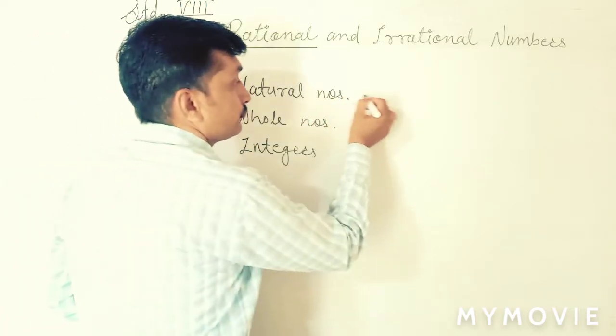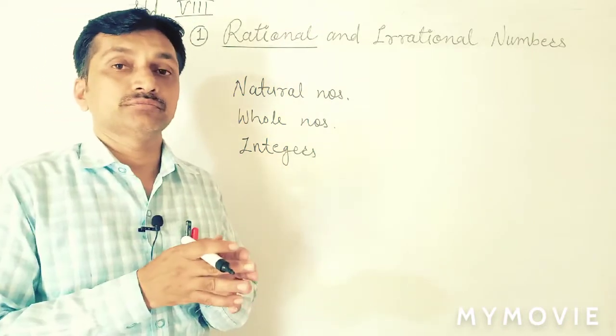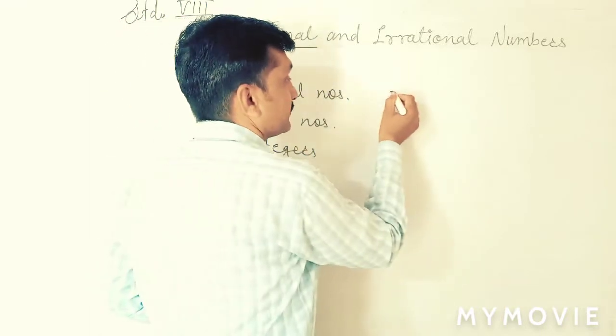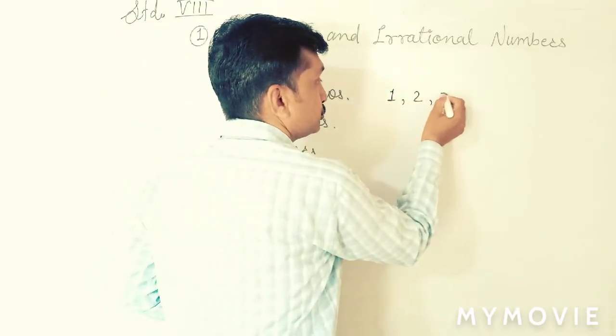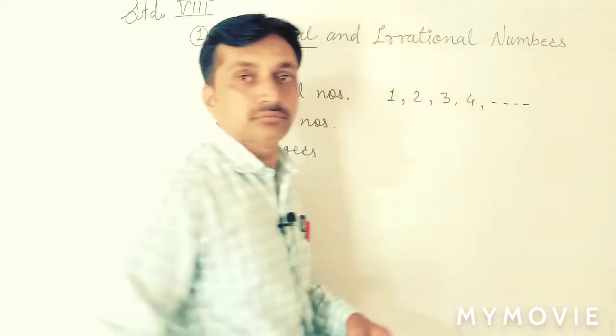Now you know which are natural numbers. Natural numbers start from 1, 2, 3, 4 and so on.